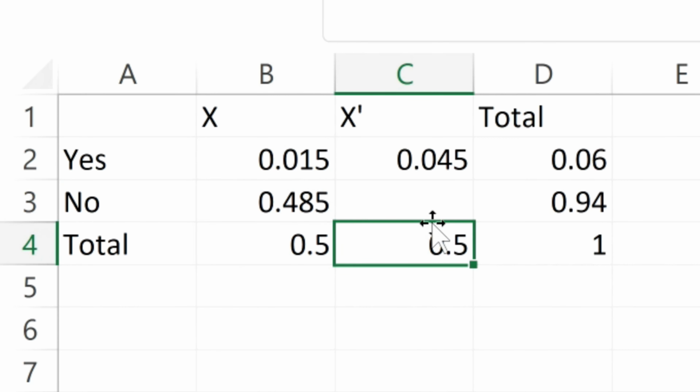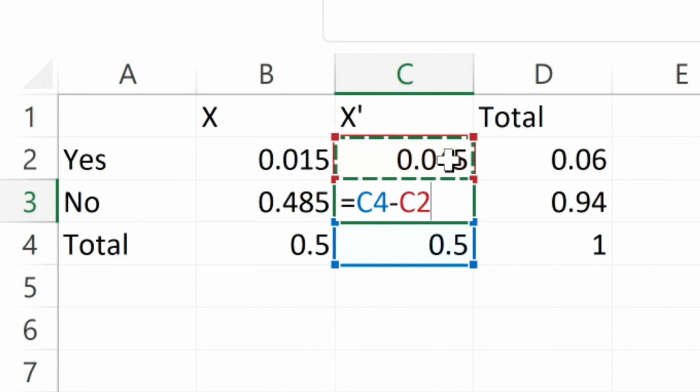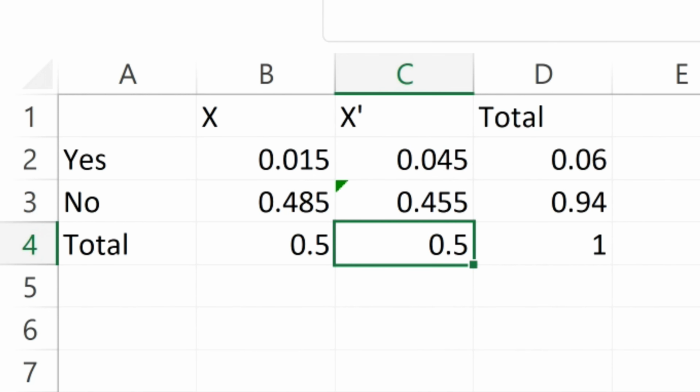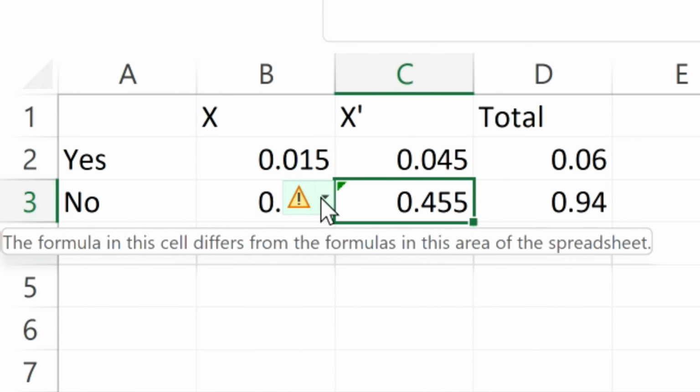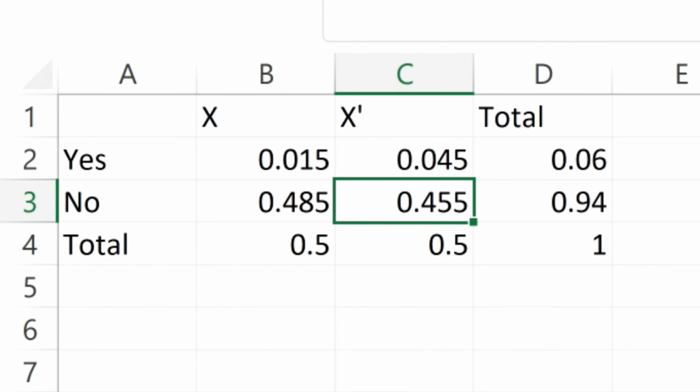Next, we have 0.5 minus 0.045, and we get 0.455. And you can check to see that everything adds up to the totals across each row and down the columns. And of course, everything altogether adds up to 1. Okay, so now we have the table.